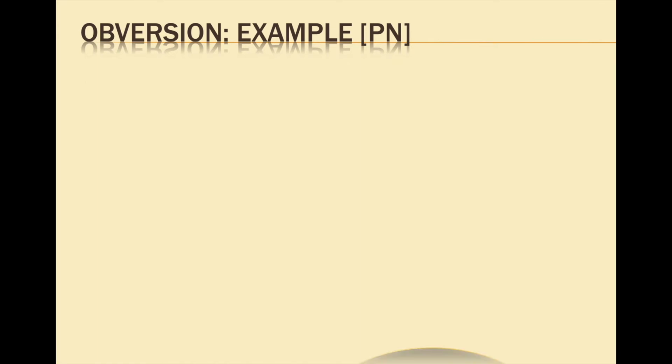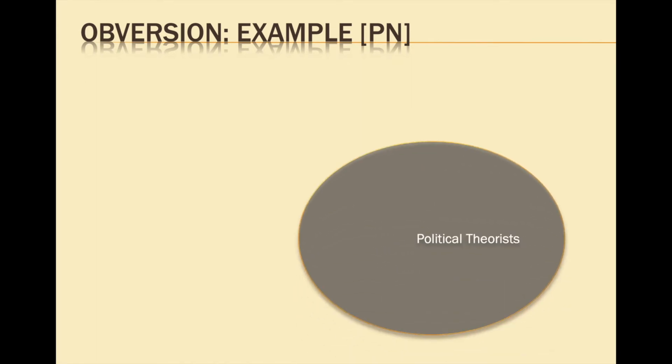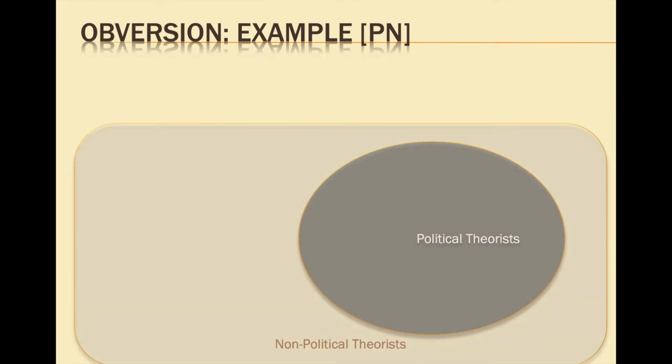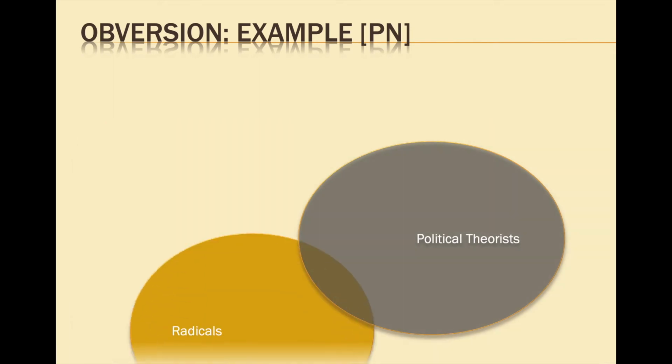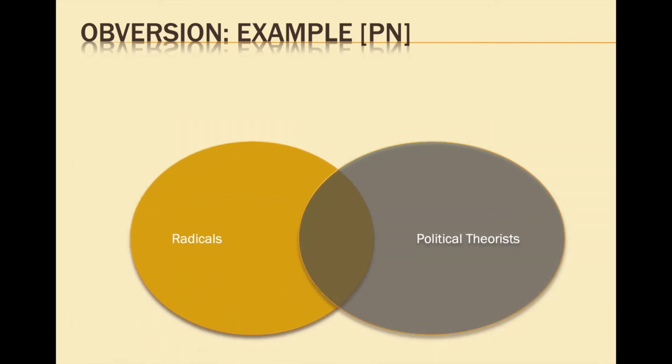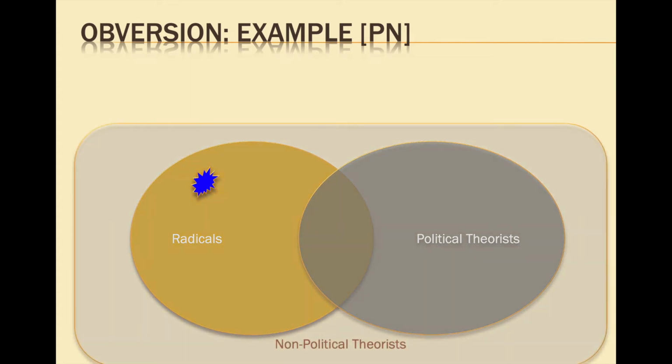And so again, we can test this with our Venn diagram. We have political theorists and non-political theorists. That is our predicate term and its complement. We also have the subject term radicals. Some radicals are not political theorists, right? We're talking about the radicals outside the political theorist circle. And indeed, if you look at the two statements, you have some radicals are non-political theorists.